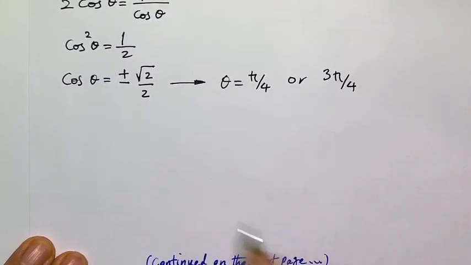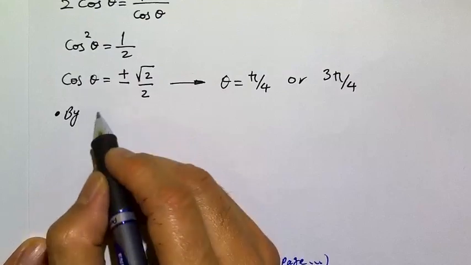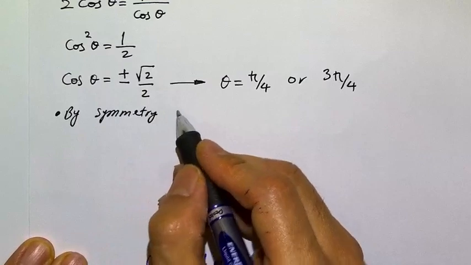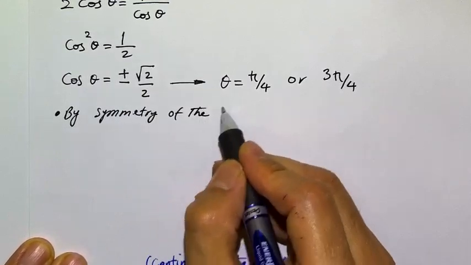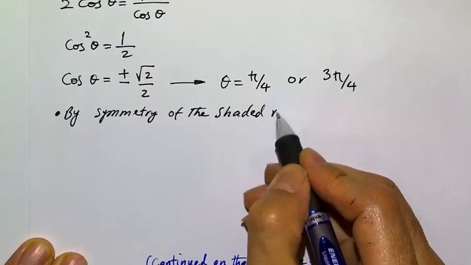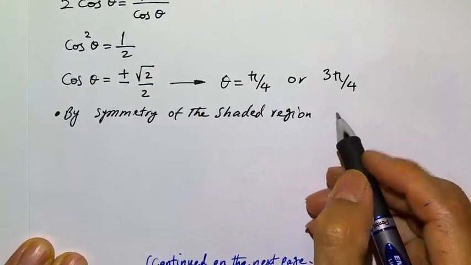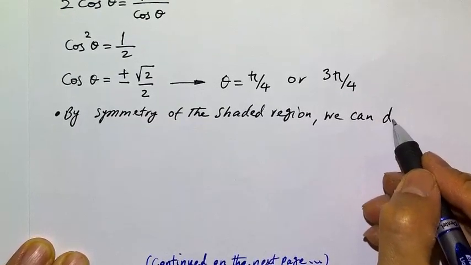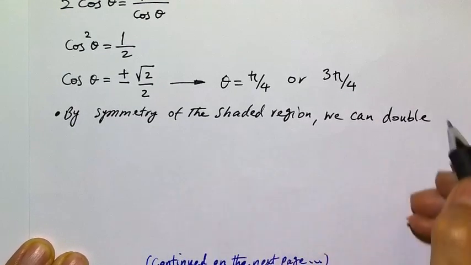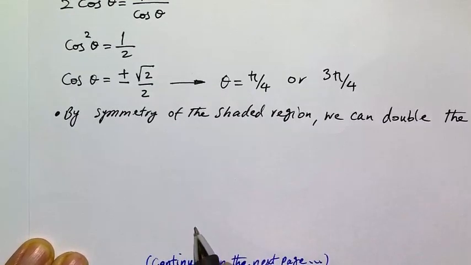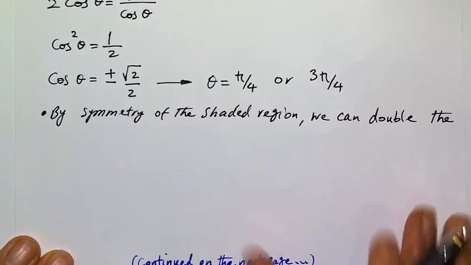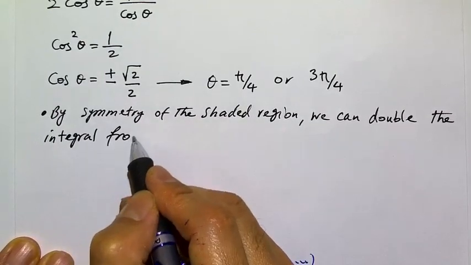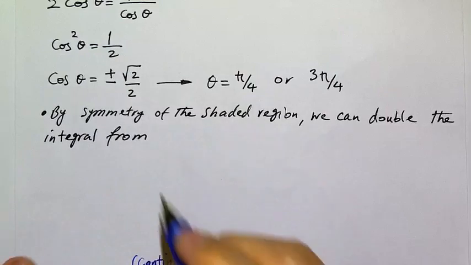I'm just going to add a note here that by symmetry, we can double the integral from 0 to pi over 4.